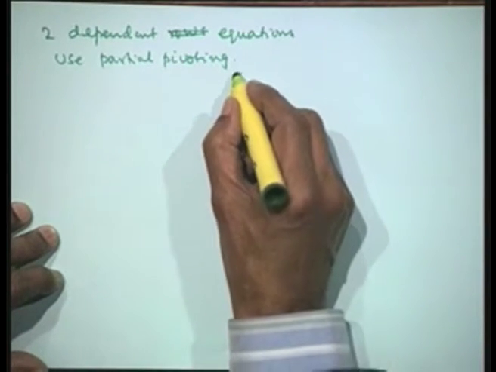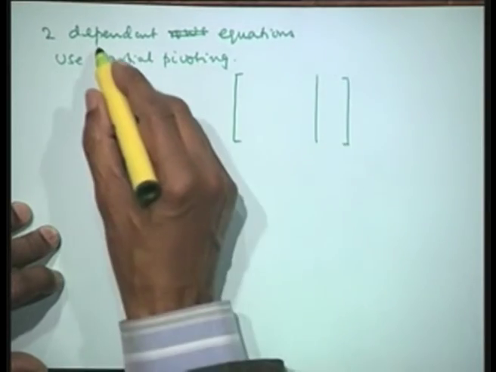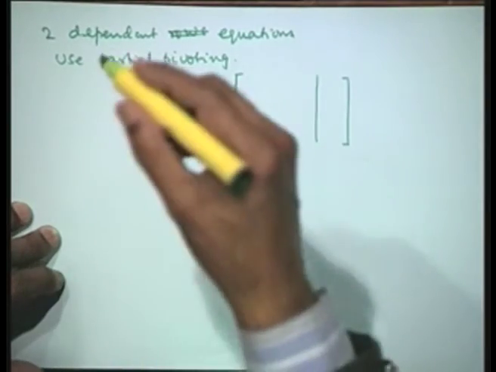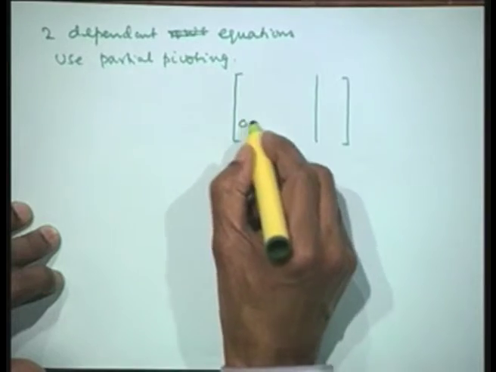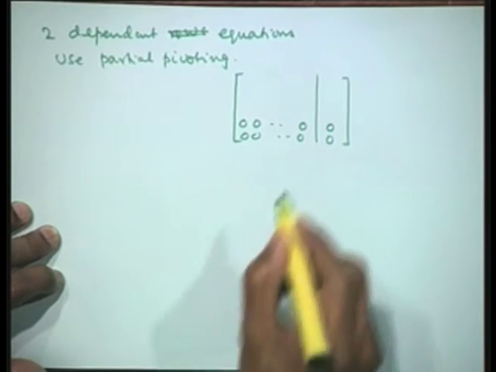Then all the zeros that turn up, because they are dependent equations, arise as we are subtracting one equation from another equation. So zeros would automatically be produced. Therefore, the last two rows will turn out to be 0 0 0 0.